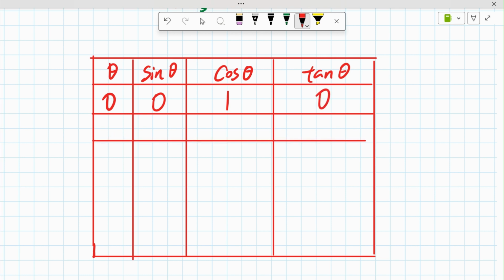Next one we do 30 degrees, which is pi on 6. So we have a half for the sine, cosine will be root 3 on 2, and tan will be 1 on root 3. Okay, so I want you guys to remember this.